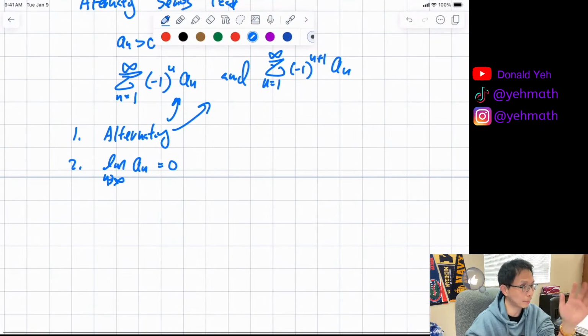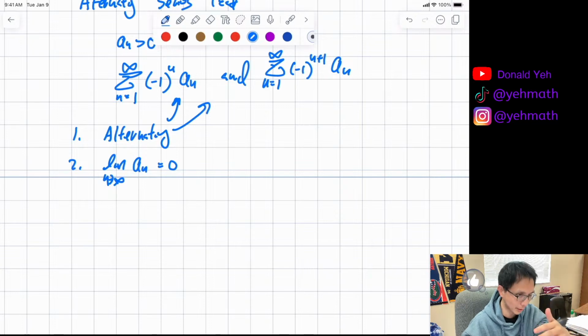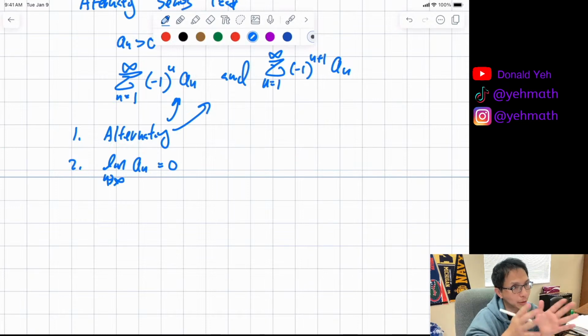That means they are going to approach 0 when I take the limit as n approaches infinity. Now, I'm not doing it to the -1 to the n times a_n. I'm only doing it for the series without the changing term. So I get rid of that changing term and say, let's approach infinity. If it goes to 0, that's a good sign.